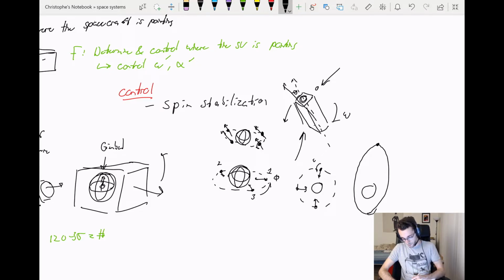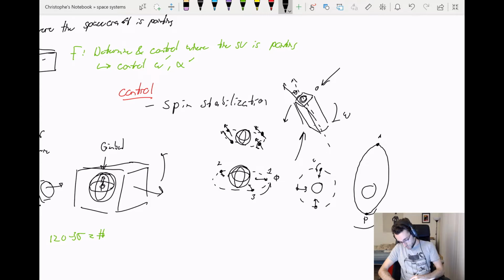This is the apogee of your orbit, the furthest away you're going to be, and here's the perigee, the closest you are in your orbit, your lowest orbital altitude. At your apogee, you're going to have a very slow angular rate, and at your perigee, you're going to have a really fast angular rate.